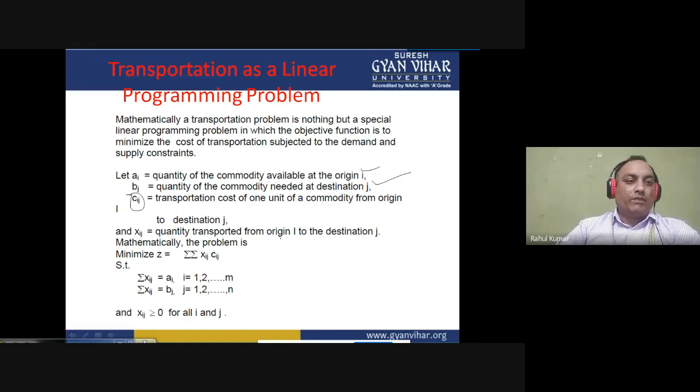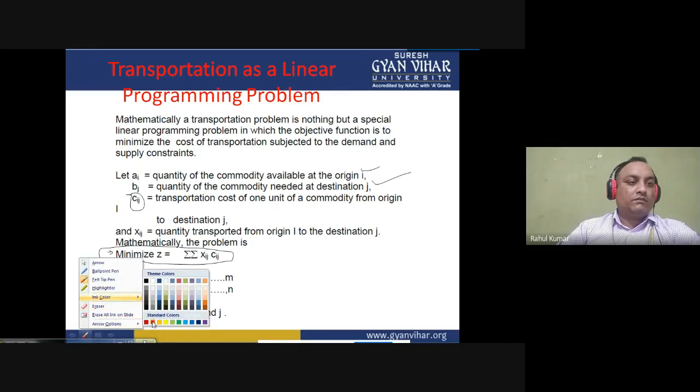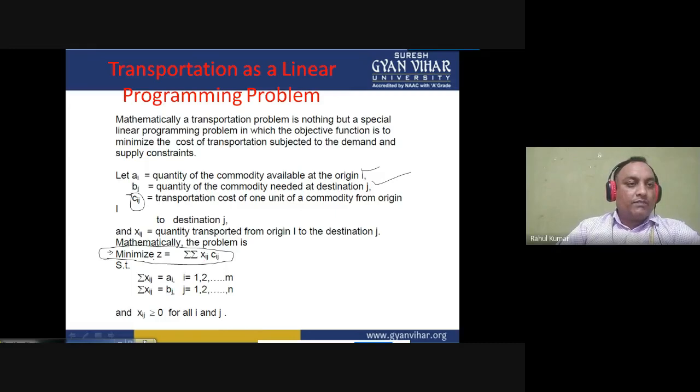The function is Z, a minimized function, which gives the summation of Xij times Cij, such that the summation of Xij is equal to Ai, and the summation over i of Xij gives the value of Bj.